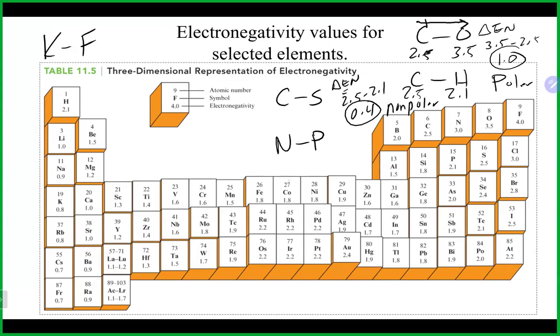We go for carbon and sulfur. Once again, carbon 2.5, sulfur there 2.5. That is a difference in electronegativity of 0, right? That means the carbon-sulfur bond is actually nonpolar. So this is an example where two different elements can form a nonpolar bond, and it's because of the position on the periodic table.